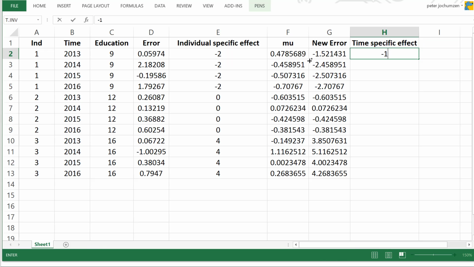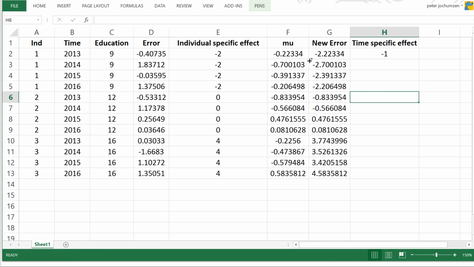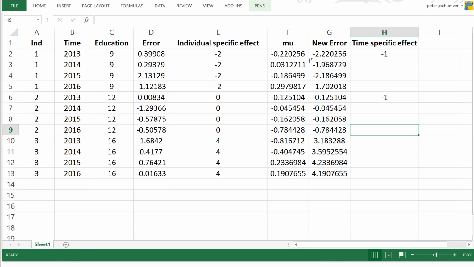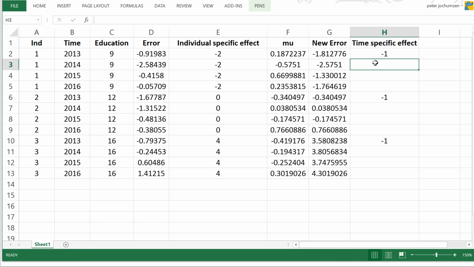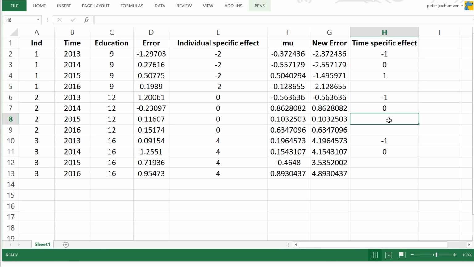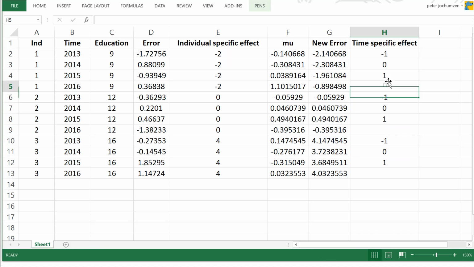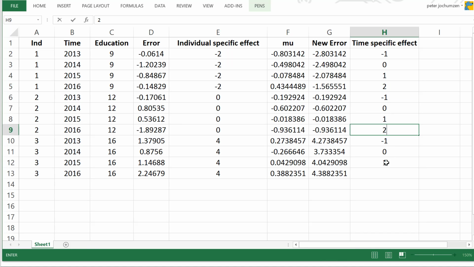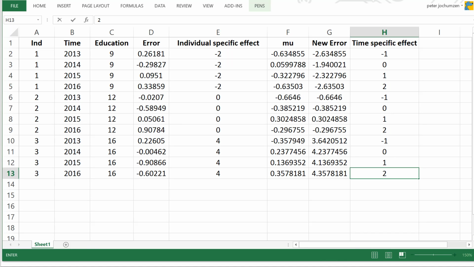Then we would have a negative time-specific effect for each individual in 2013. So -1 for all individuals here. Maybe 2014 was a neutral year. 2015 was a pretty good year, so people would make on average $1 more per hour. And let's say that 2016 was an awesome year, $2 extra per hour. So that would be a time specific effect.